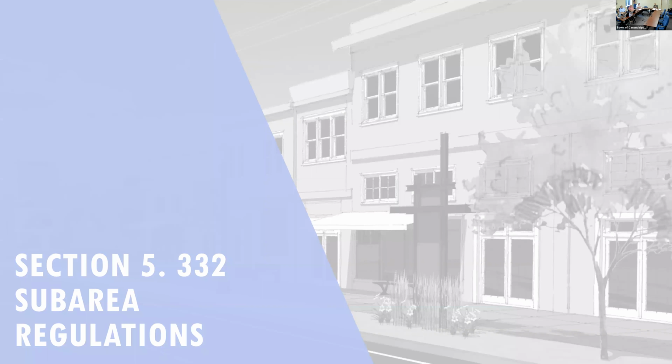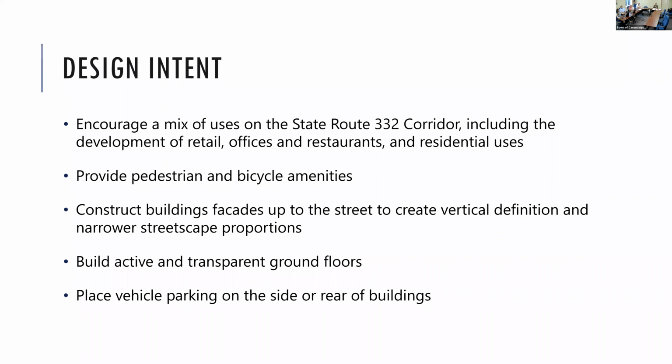So the 332 sub area, again, is that corridor of properties immediately adjacent to State Route 332 itself.